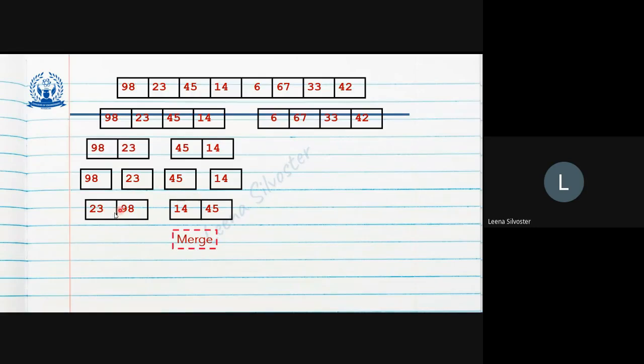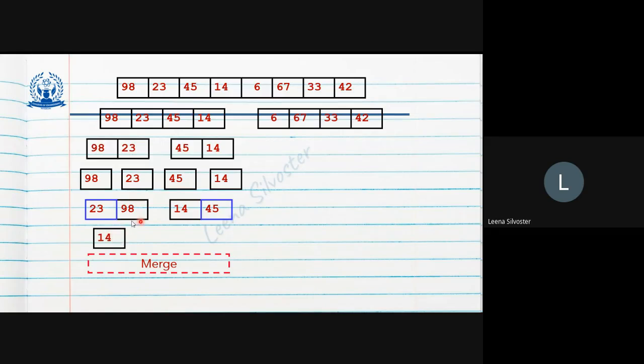Again, now these two cases are over. Again, we have to check these two sets. So we have to compare the first element in this set and the first element in this set. Which is smallest? 14. So we will move 14 to this four element set.